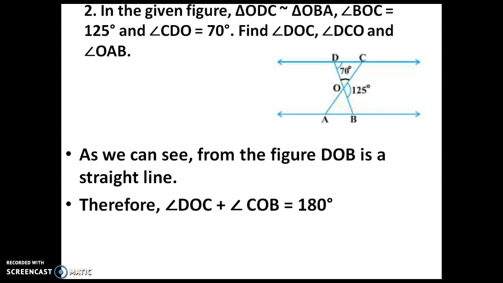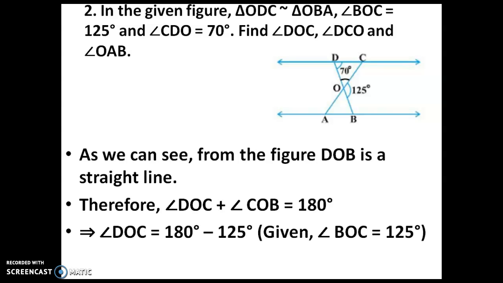We see that this line DOB is a straight line. So in a straight line you will have 180 degrees. So we can say that angle DOC plus angle COB equals 180 degrees.